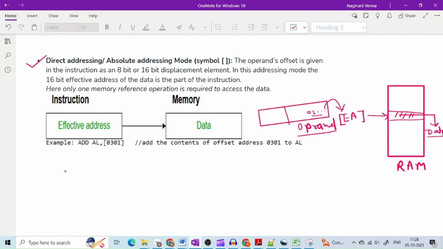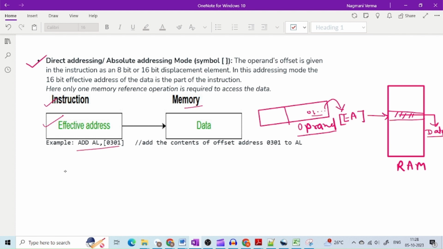So it's clear, the value given in the operand is the effective address. So in the instruction, we will give the effective address. From the effective address we will go to the memory. Here there is no role of registers, so we will go to the memory and find the data.